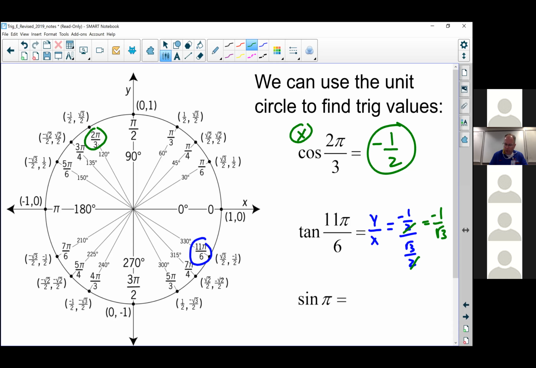Some people would prefer you to rationalize it, so you'd multiply both top and bottom by √3. But I would take the -1 over √3. That's totally fine, and the pre-calc teacher said it was also fine. Sine of pi: sine is the y value, so sine of pi is 0, and we're done.